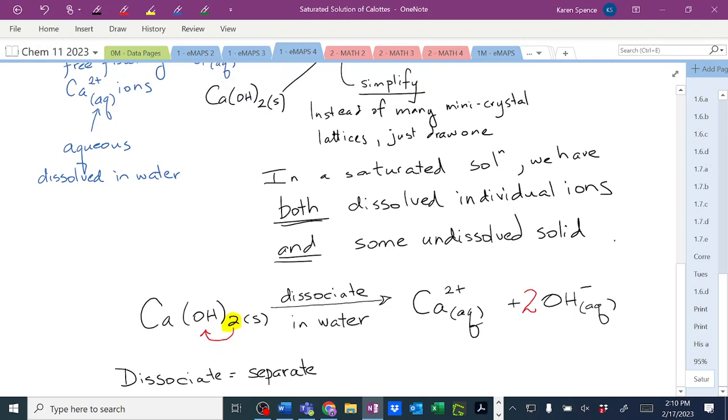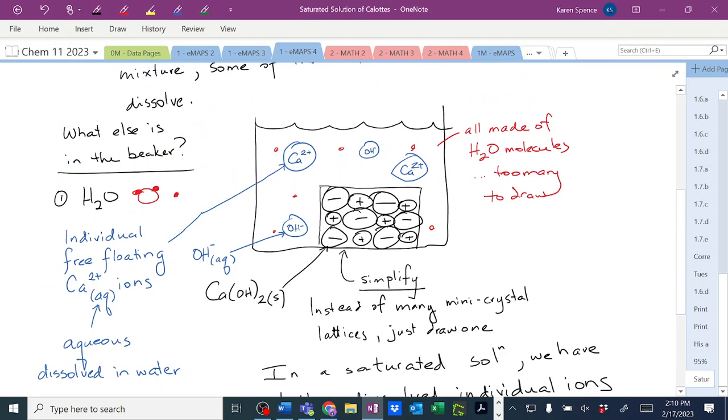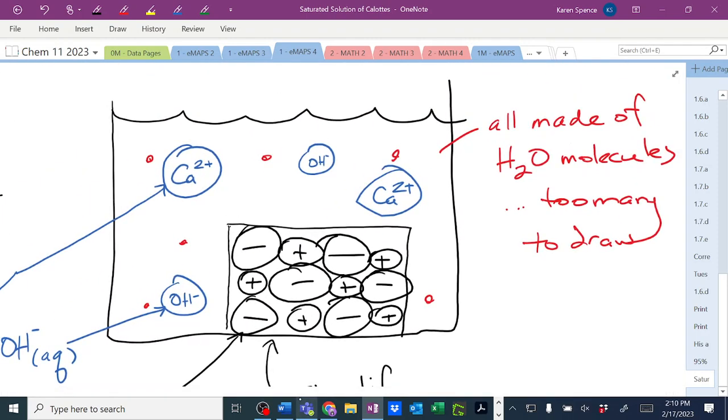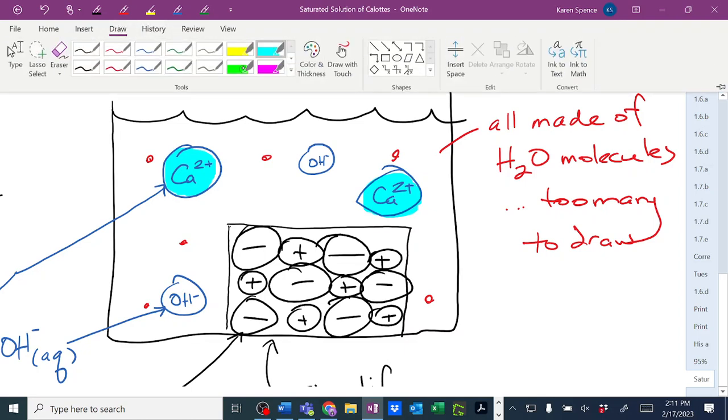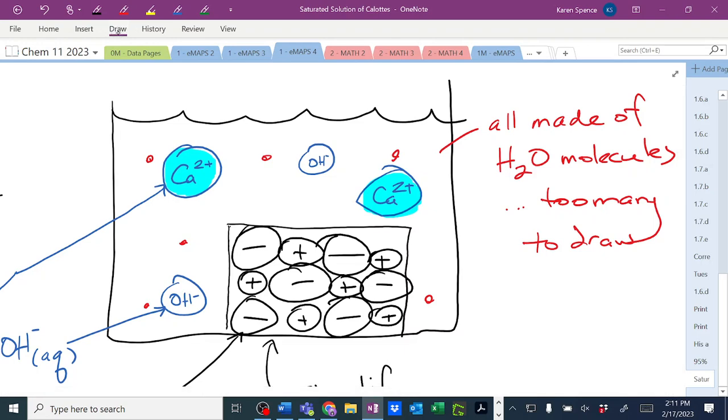How then could we make our diagram better? Yeah, I could have 2 hydroxide for every 1 calcium. There we go.